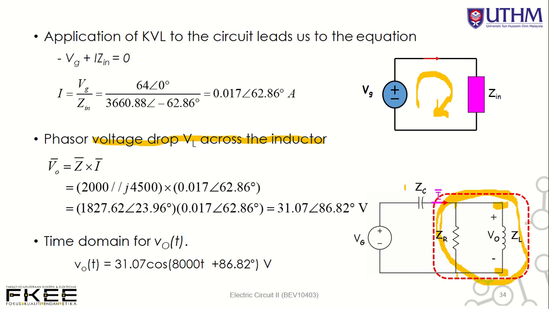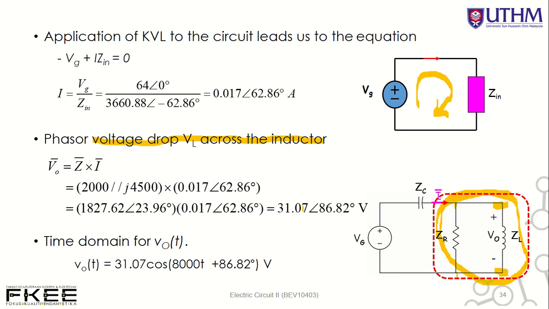To determine the voltage drop VL across the inductor, V0 equals Z times I. We have a current here, multiplied by Z, the combination of ZL and ZR, because the voltage across ZL equals the voltage across ZR, which equals the voltage across the combination of ZR and ZL. So Z equals ZR parallel with ZL. By using a calculator, you can determine this and then multiply with the current to get the voltage.